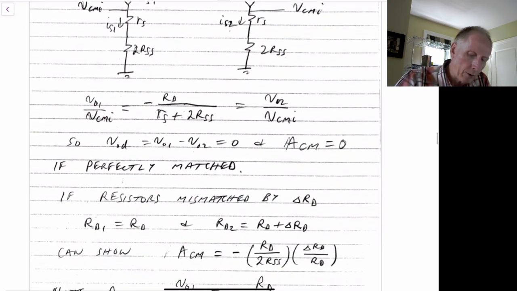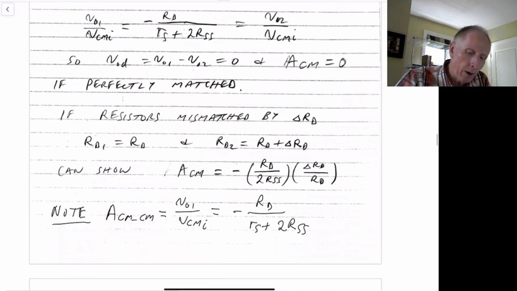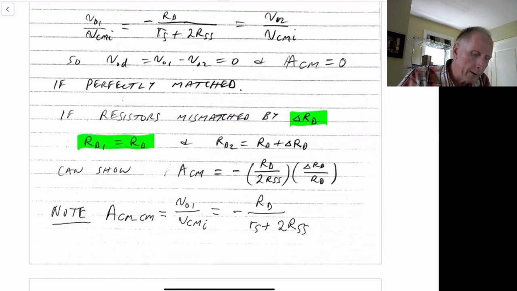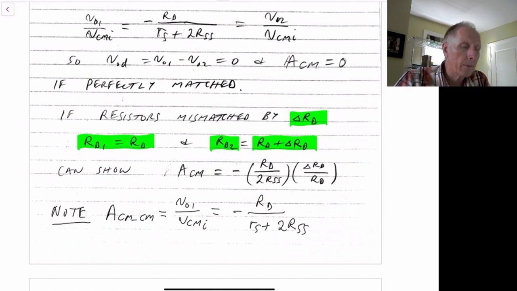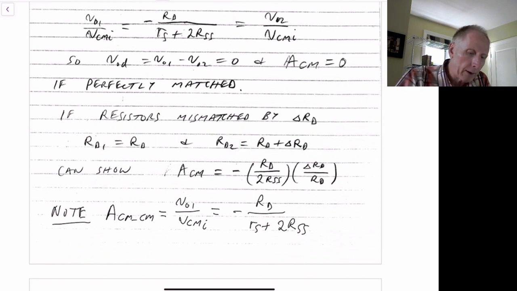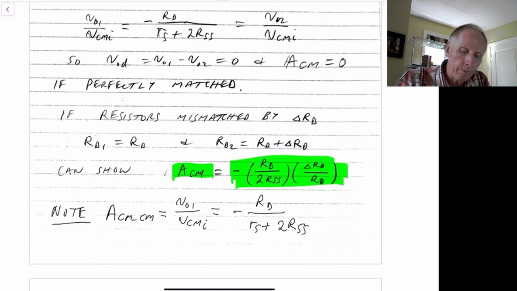In the case that our resistors are mismatched by delta RD, in other words, RD1 is equal to RD, and RD2 is equal to RD plus delta RD, we can show, going through the same analysis, that when we subtract the two output voltages to look at the differential voltage, the common mode to differential gain is now given by this equation here.